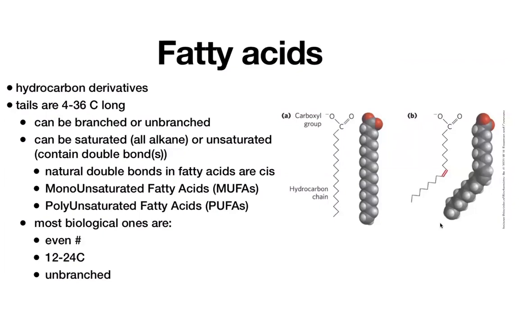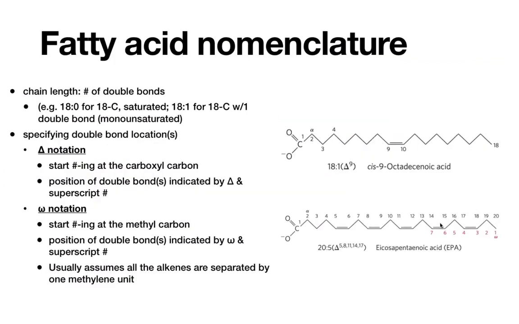We want to know what people are talking about when they're referring to a specific one. So in addition to the super formal IUPAC systematic naming, there's also a less formal notation, the delta notation or omega notation.